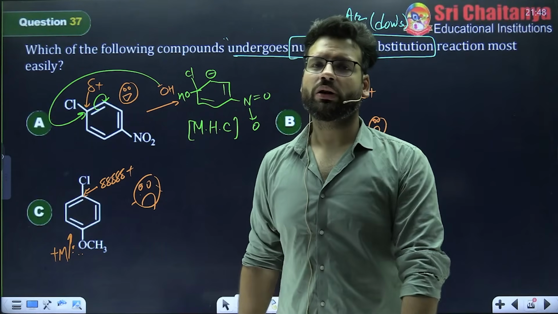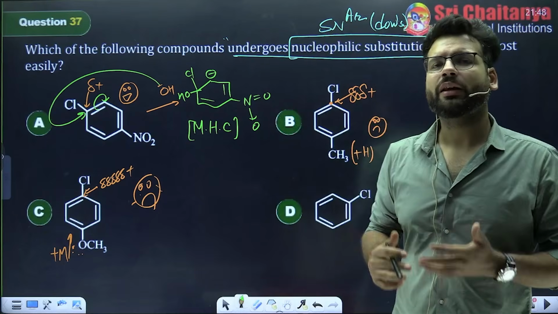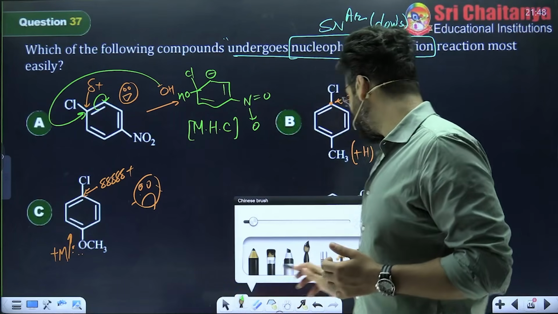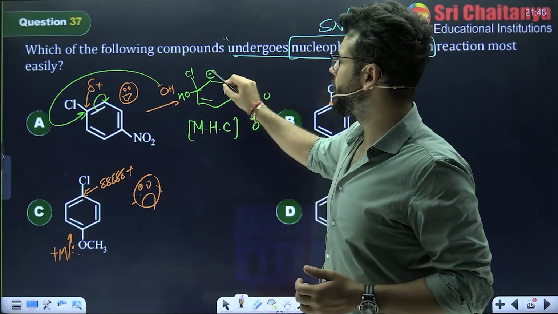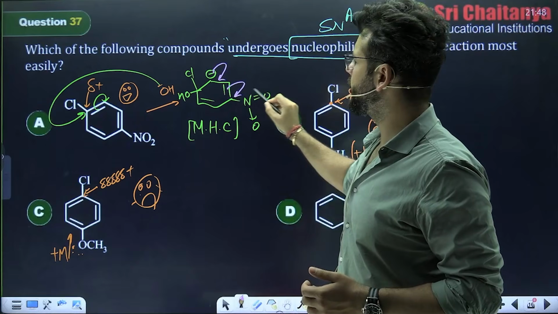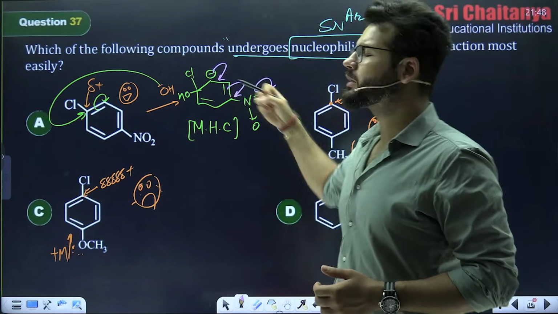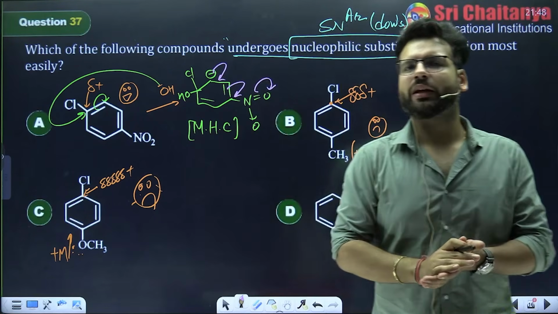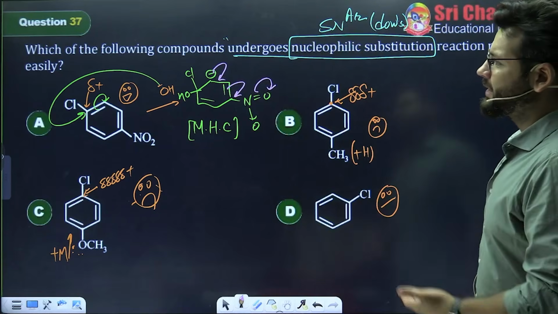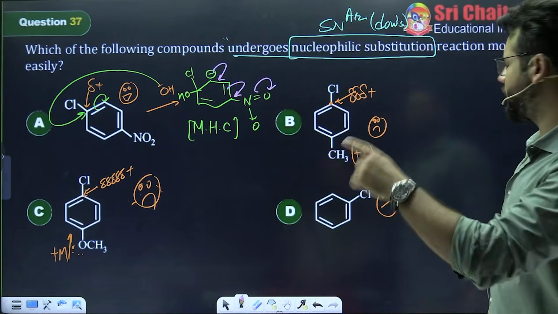But this is not an arenium ion, because an arenium ion is a carbocation. This is a carbanion. It is stabilized by NO2 by resonance. So NO2 is pulling this minus charge, making it highly stable, and the reaction will be the best in the A option.